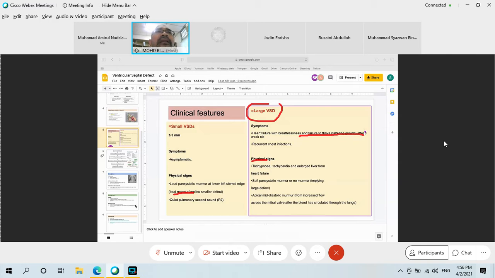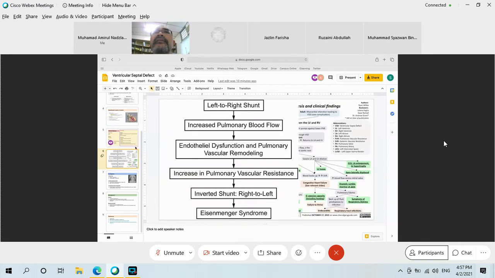Next slide. So if untreated, the patient develops Eisenmenger. It's usually if a large VSD develops earlier, heart failure is earlier, around 6 to 8 weeks, at 2 months old.